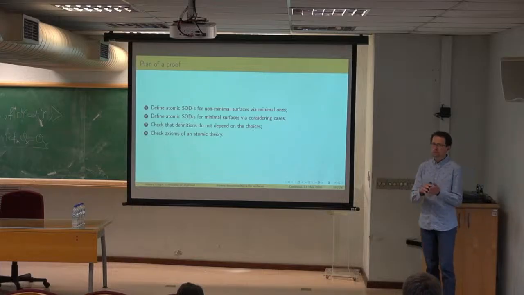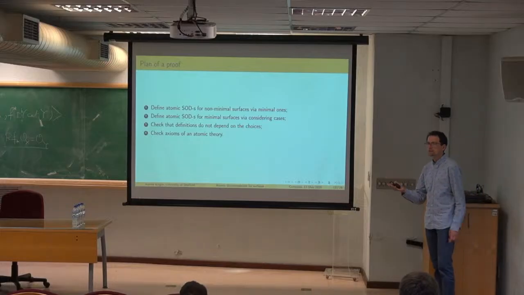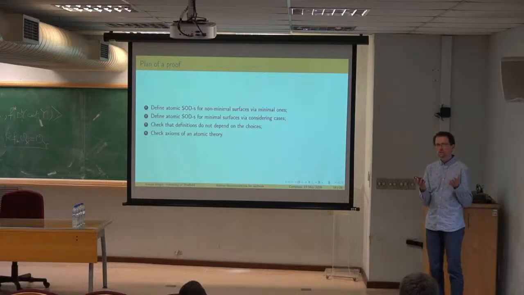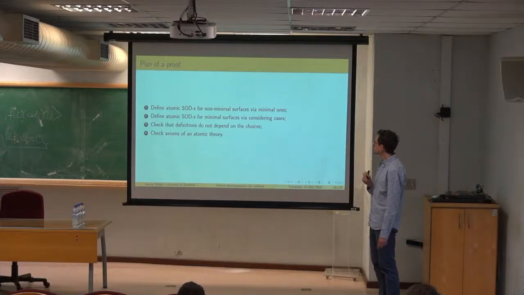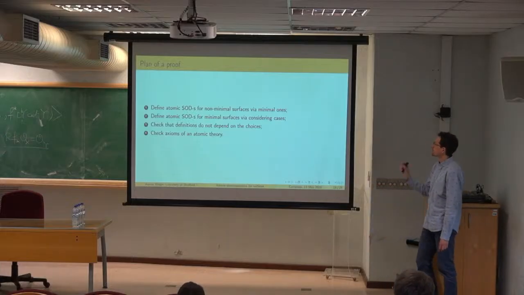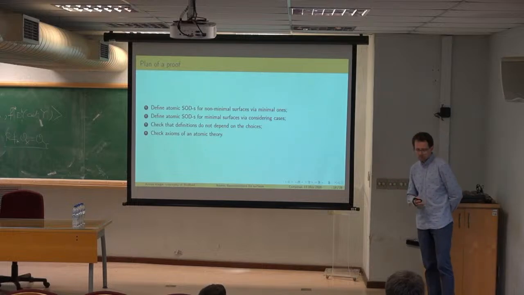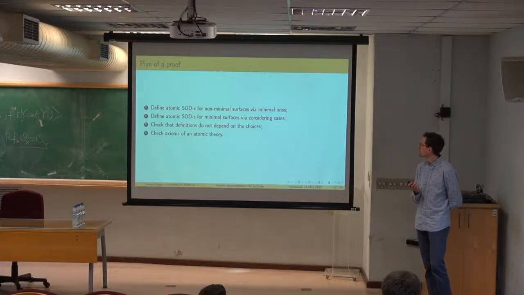But it depends on many choices that we make when running MMP. So we need to check that, up to mutations, these decompositions don't depend on the choices that we make. And that's the main thing where you have to prove something. After you have proved that the definitions are good and compatible, we just need to check that these decompositions satisfy the axioms of an atomic theory.